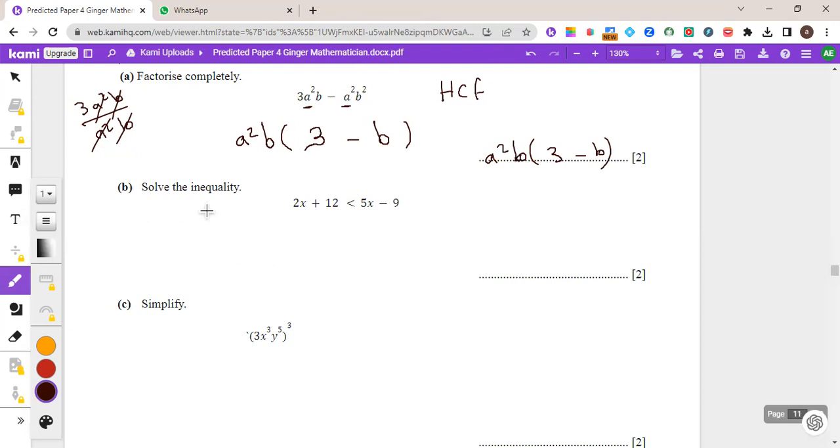Okay, solve the inequality. Question B. We take the 2x to the right and we take the minus 9 to the left. Yes. So it will be 12x plus 9 less than 5x minus 2.